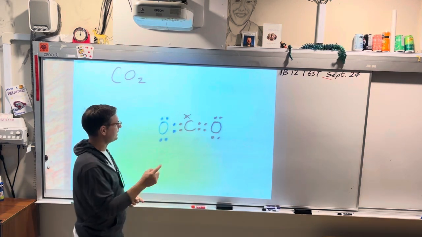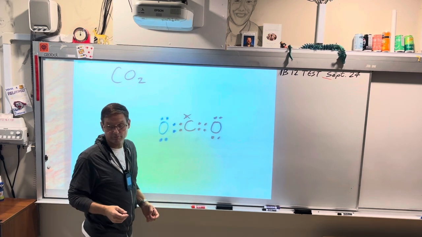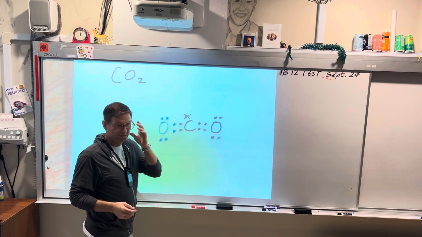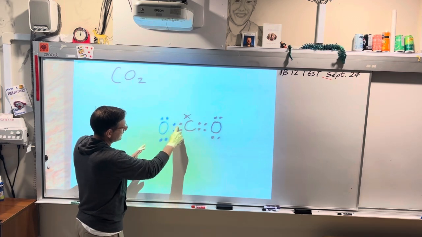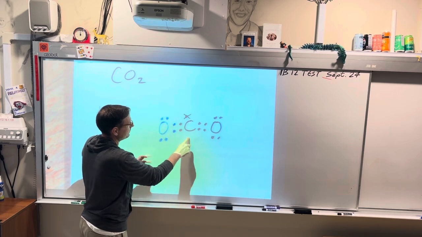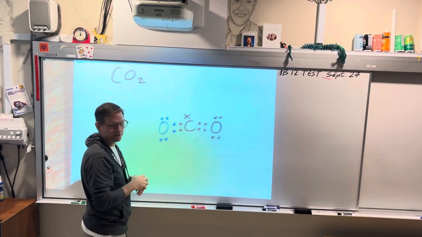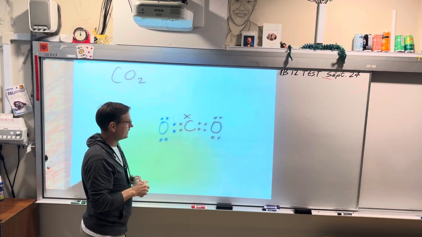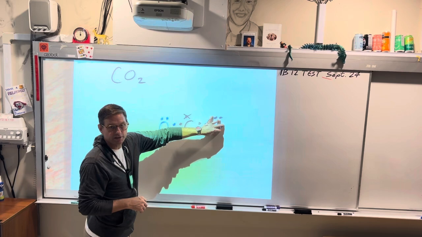How about we take 2 of my electrons and 2 of your electrons and we share them? So these 4 electrons spend half their time around the oxygen and half their time around the carbon. And then it grabs another oxygen and does the same on the other side.